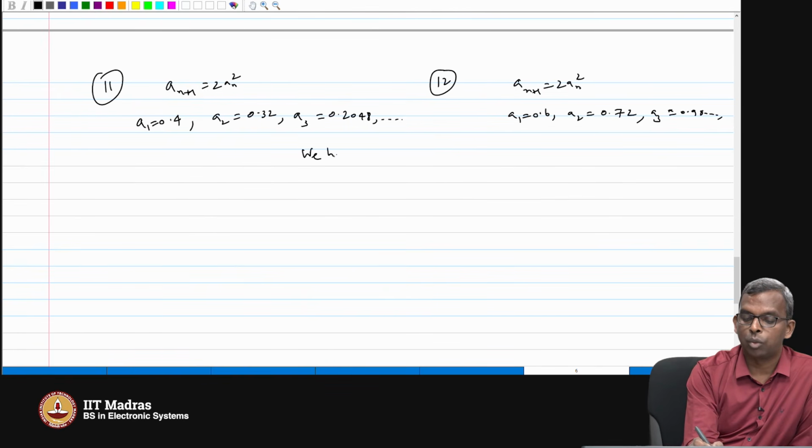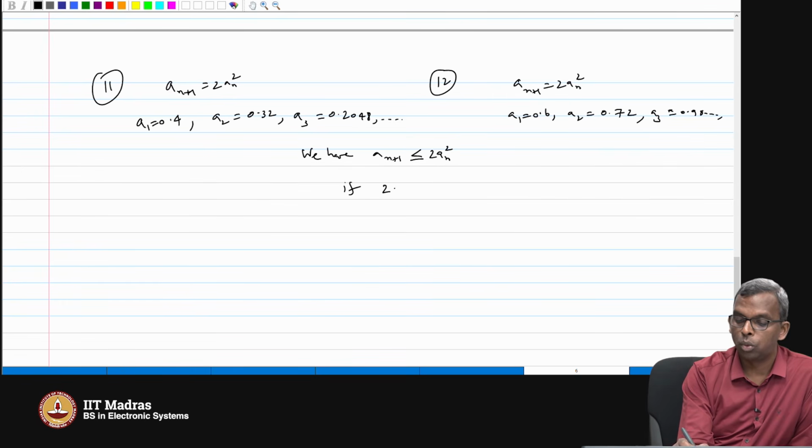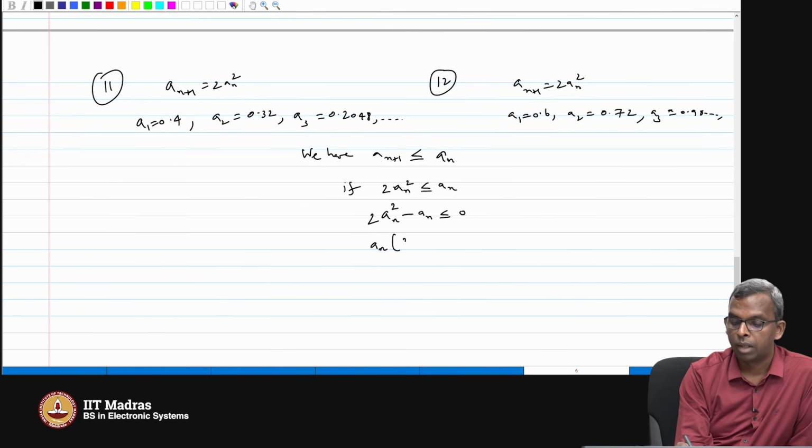So, you see, if you want to check the monotonicity property, we want a_{n+1} less than or equal to a_n, that is, 2a_n squared less than or equal to a_n. Then you bring a_n to this side, and you see that 2a_n squared minus a_n is less than or equal to 0. So, you can pull a_n out: a_n times (2a_n minus 1) is less than or equal to 0.